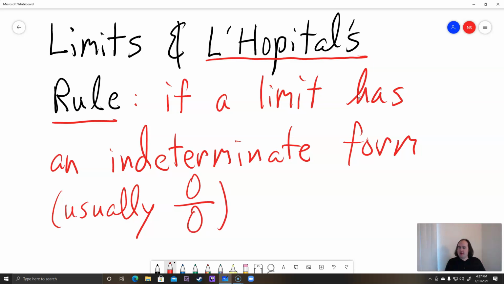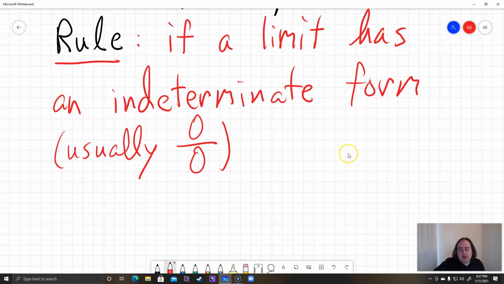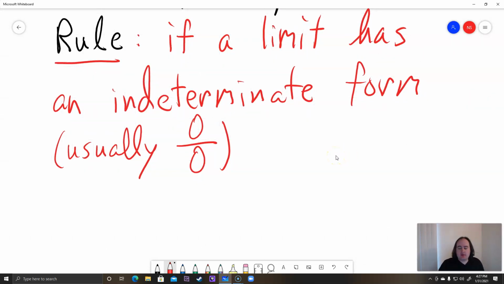It's a little different from undefined. But anyway, if you have an indeterminate form, you can repeatedly take the derivative of the numerator and the denominator until you get an actual real number, and then that real number is going to be the value of the limit. And I believe it even works for infinite limits. So if it's not a real number, you might get positive infinity or negative infinity.